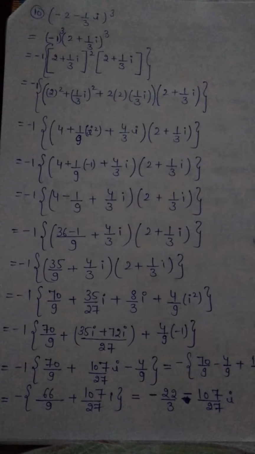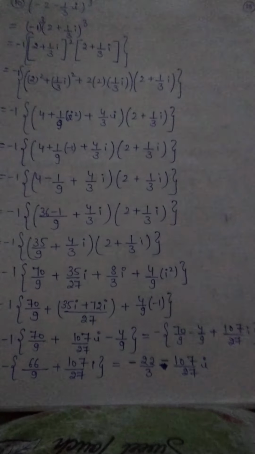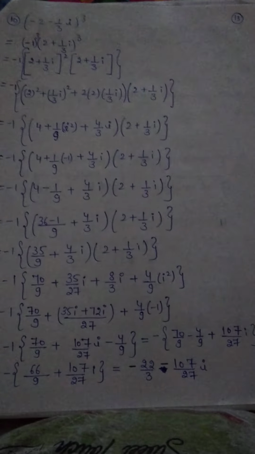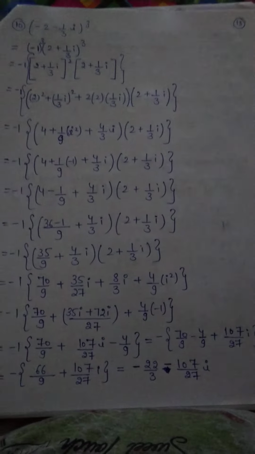Now see, children, the whole question, I think it is visible to you. And now I will start explaining it. (2 minus 1 by 3 iota) cube. Minus I have taken common, so minus 1 cube. When I take minus 1 common, this minus 2 will become positive 2, this minus 1 by 3 iota will become positive.